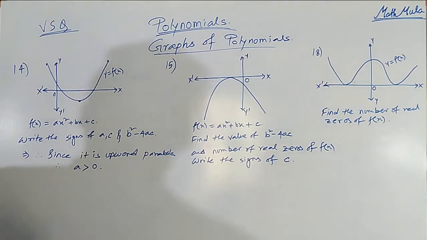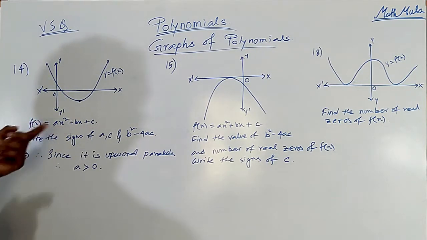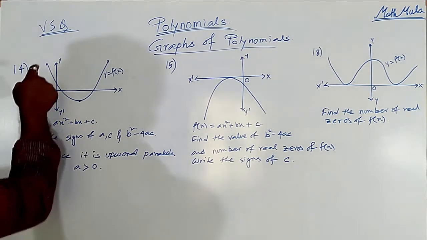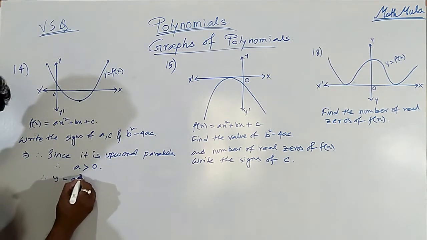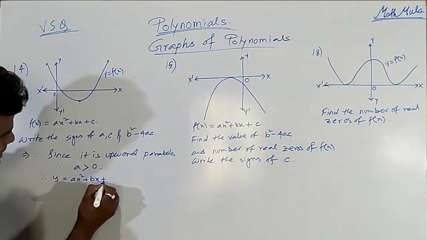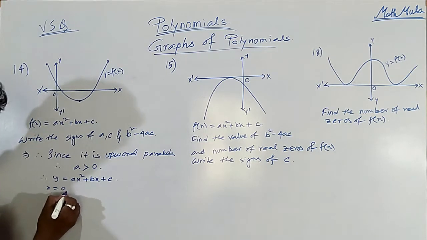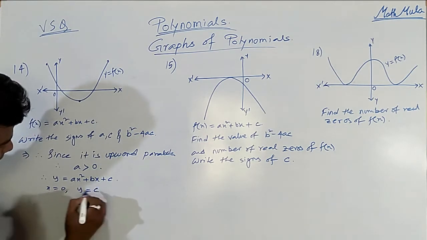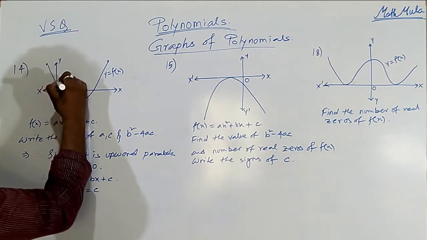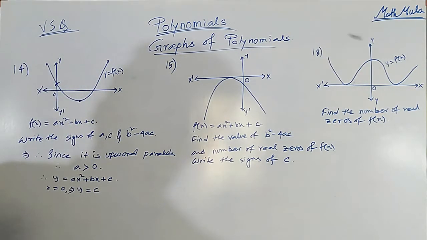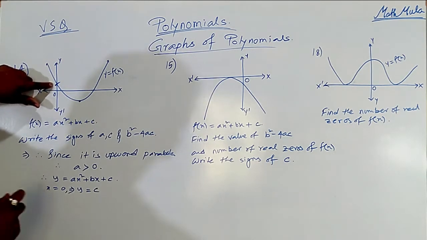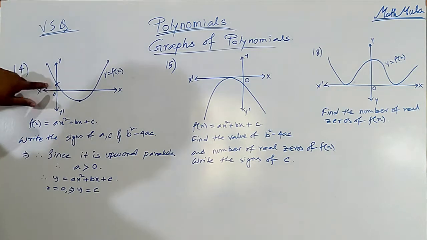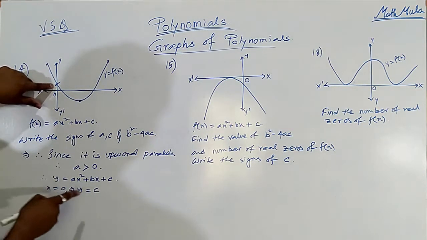And for c, if we put x equals 0 in this polynomial, we get y equals ax squared plus bx plus c. Now x equals 0, then y will be c. When the curve cuts the y-axis, x will be 0. Now when x equals 0 we get y equals c, that means the curve cuts the y-axis at c.